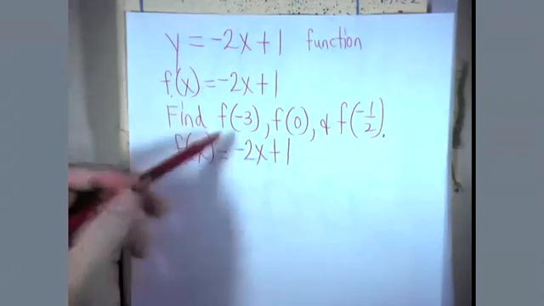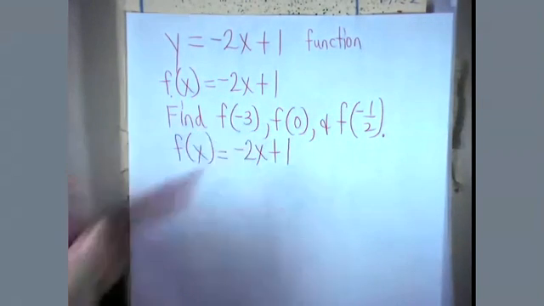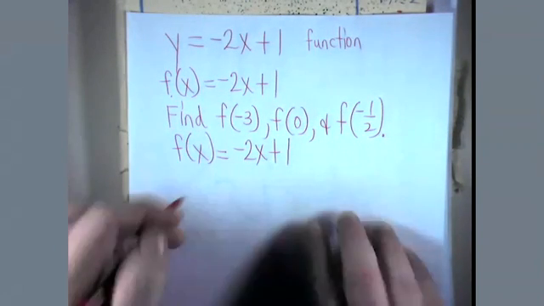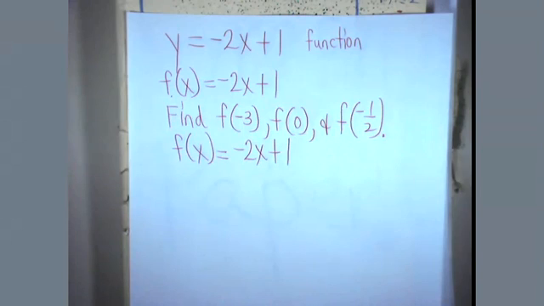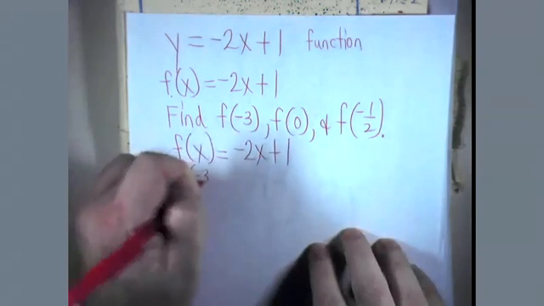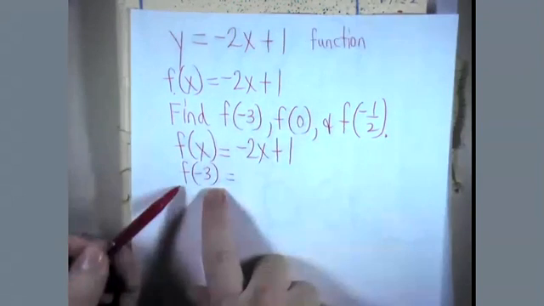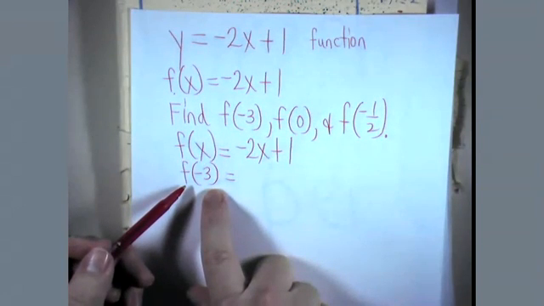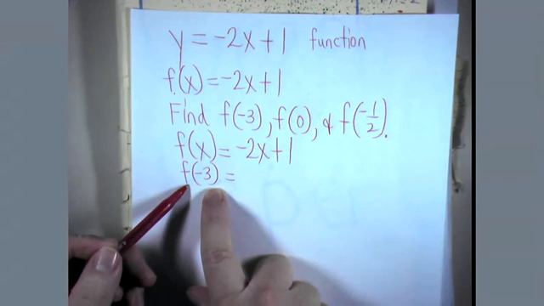And the first value that we want to find is f of negative 3. All that means is everywhere that you see an x in your function, plug in negative 3. On the left side, this is not multiplication, it's just a way to write a function.